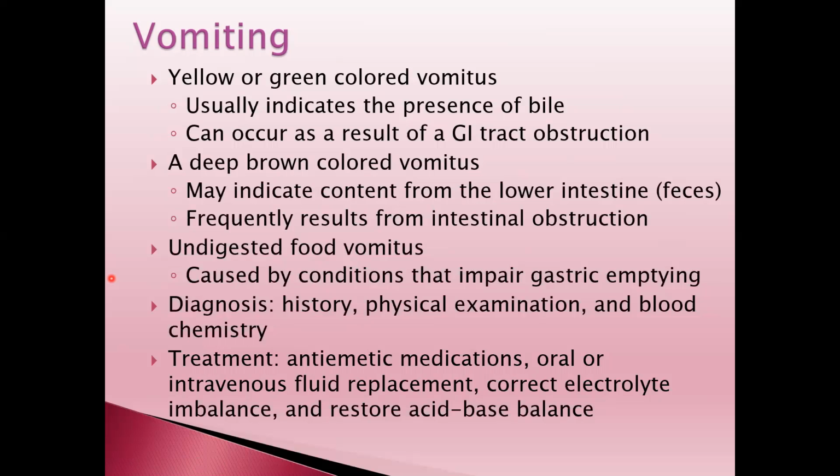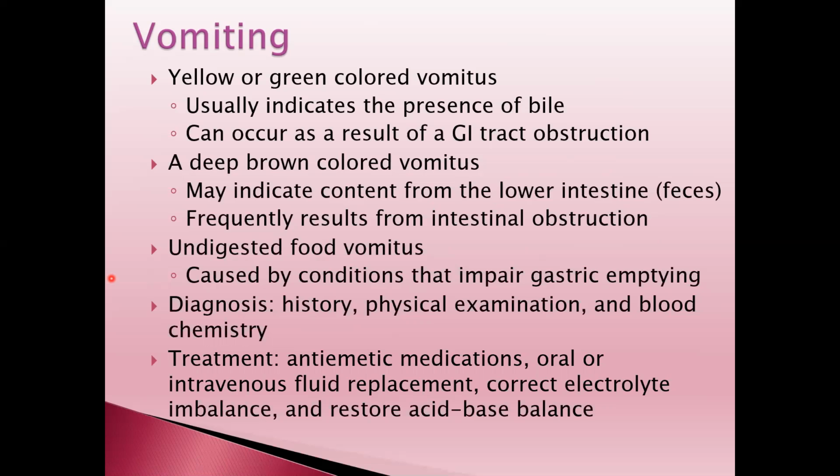When you diagnose vomiting, it's a history, physical, blood chemistry, and a lot of times it's visual as well. For vomiting, you might give an antiemetic or anti-nausea medication. If somebody is vomiting in the hospital, you give them intravenous fluid and correct any electrolyte imbalance.